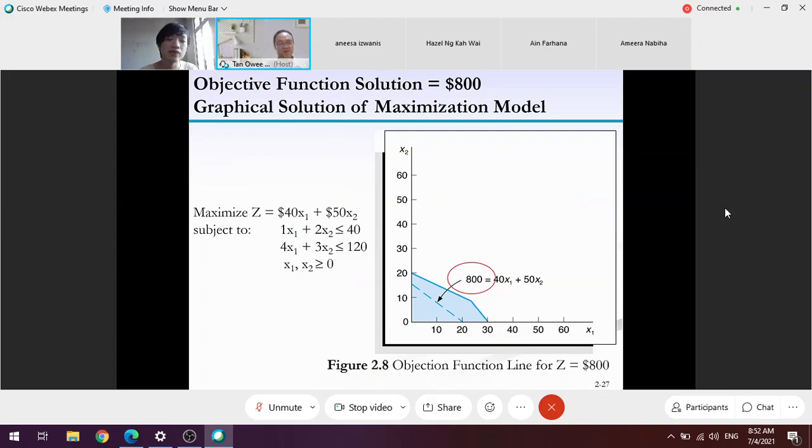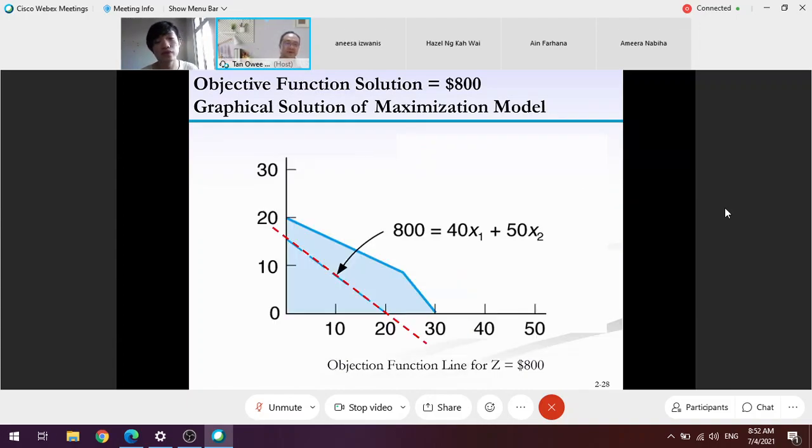Now, what I'm going to do is, I'm going to move this line outwards, because the last point that is touched by this line is the optimum solution. Faham tak? This line I move in parallel, like this.